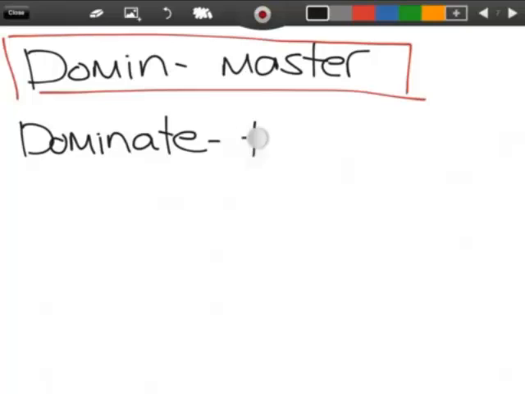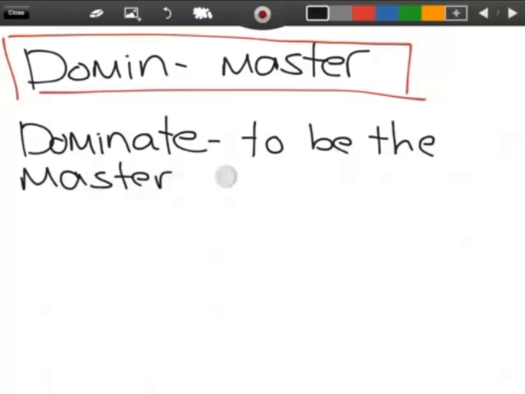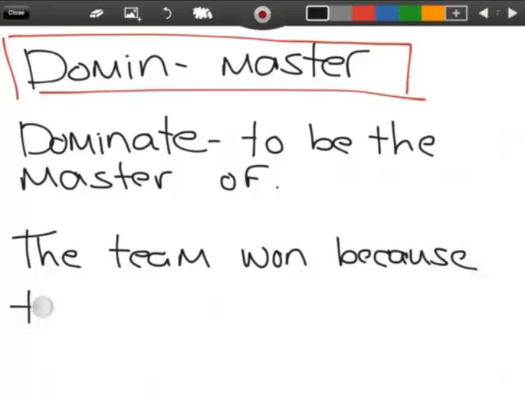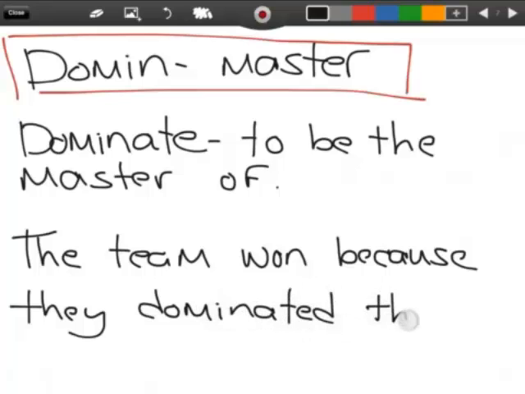And that means to be the master of. And I'm going to use this in a sentence. The team won because they dominated the game.